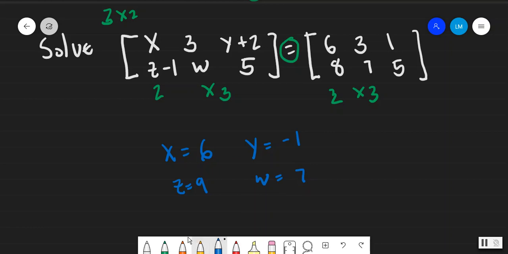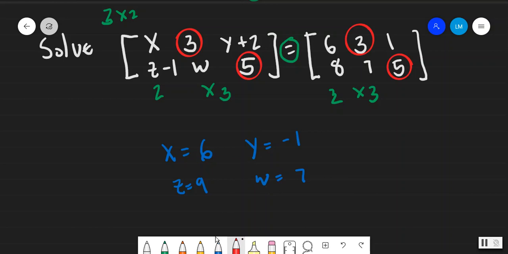Now note that the reason we could proceed was that this 3 and this 3 over here are both the same, meaning there is a possible solution for x, y, z, and w. Otherwise, we would have stopped and said this is not possible to solve.